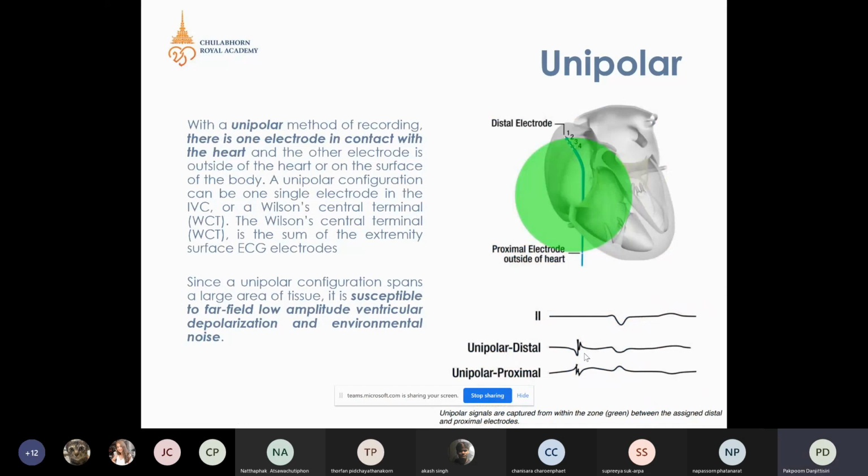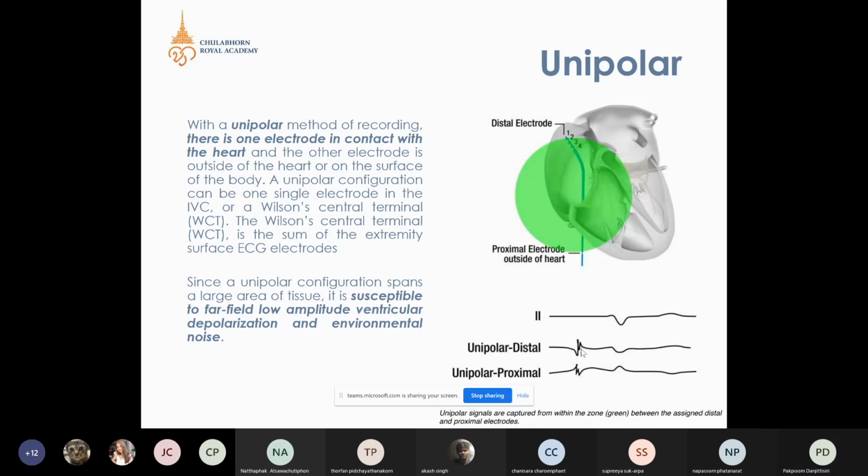If the unipolar signal appears as a QS shape, a QS shape means a negative signal showing on the unipolar, just like this. That means that area is originating the abnormal electrical impulse and spreading it throughout the myocardium.